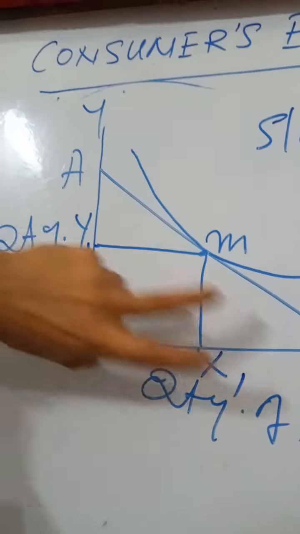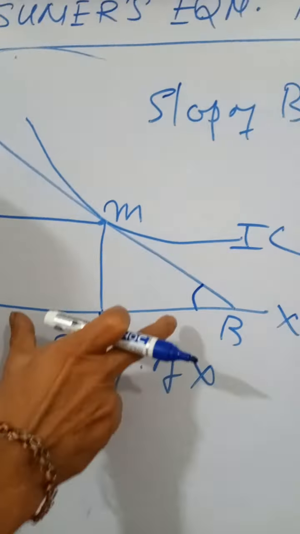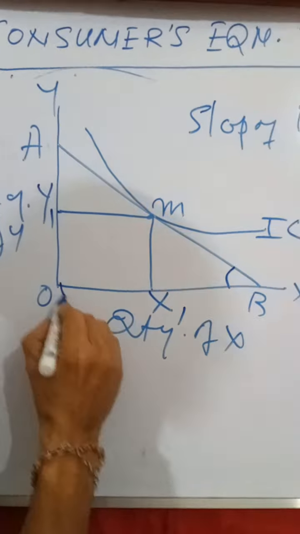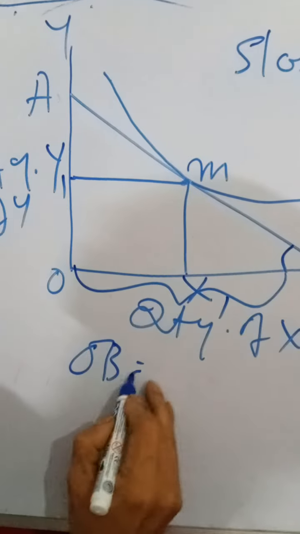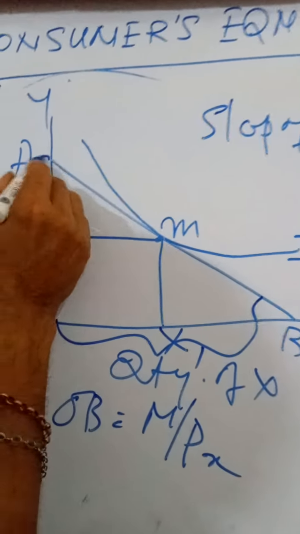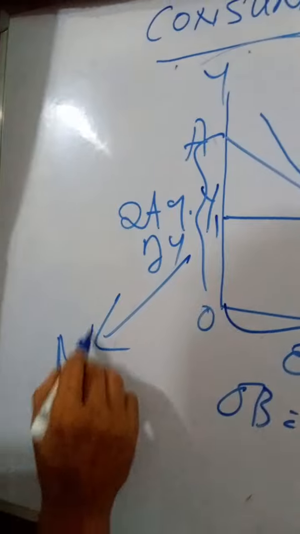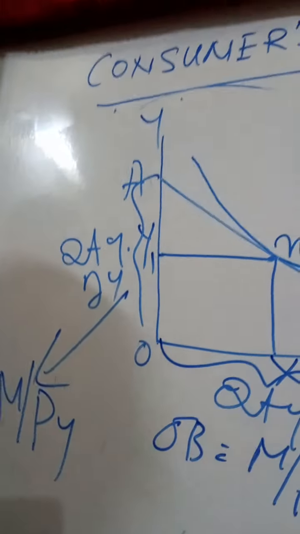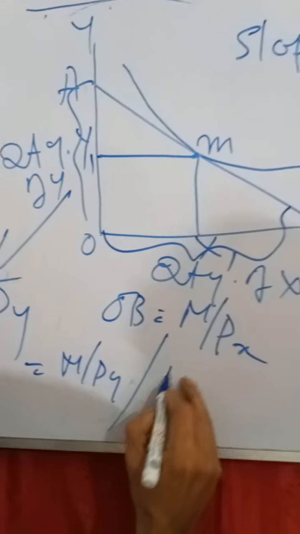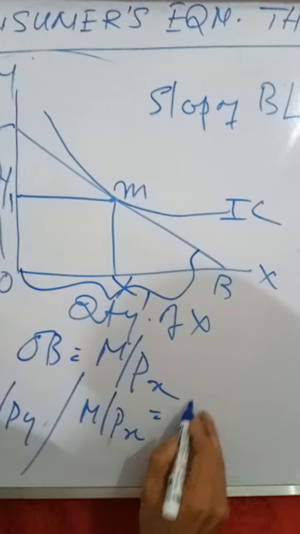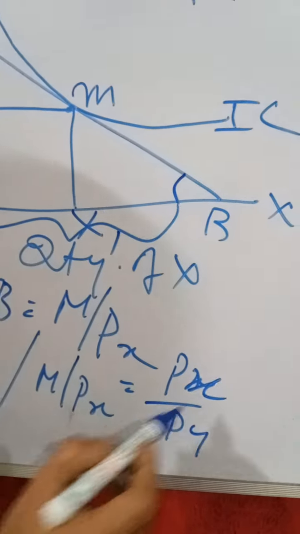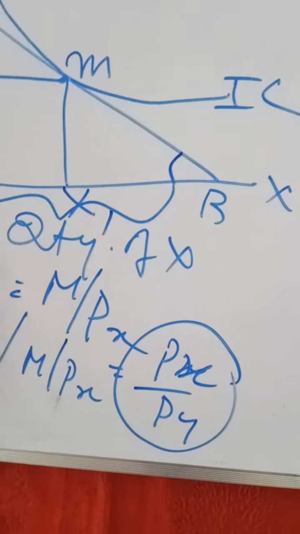OA is the perpendicular and OB is the base. And what is OB? If M is total money income, then OB is equal to M by Px, and OA is equal to M by Py. So tan of this angle is equal to M by Py divided by M by Px, which is equal to Px by Py. The slope of the budget line is the price ratio, Px by Py.